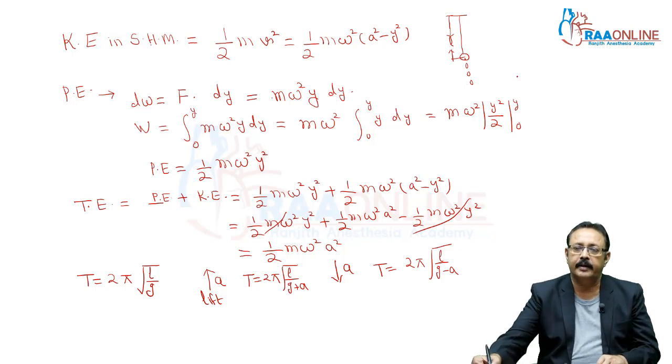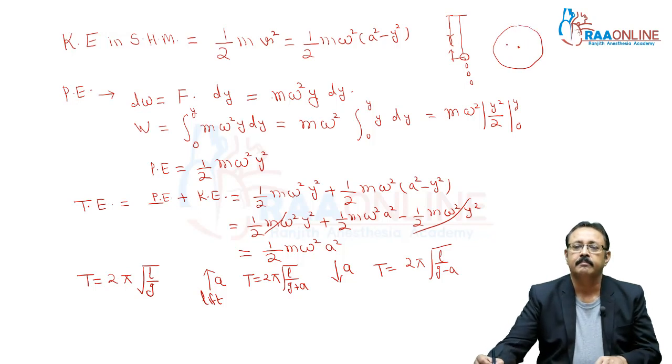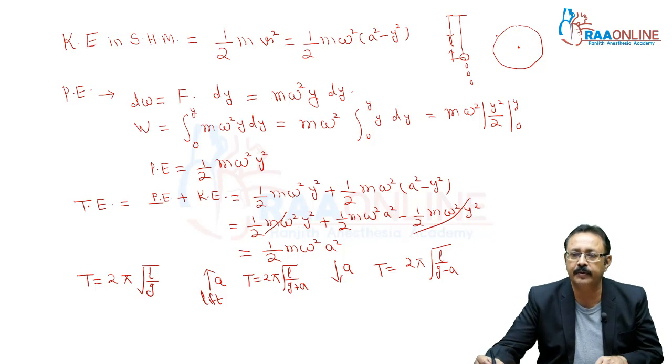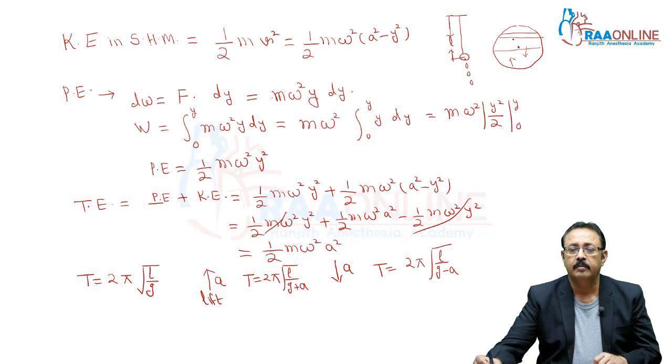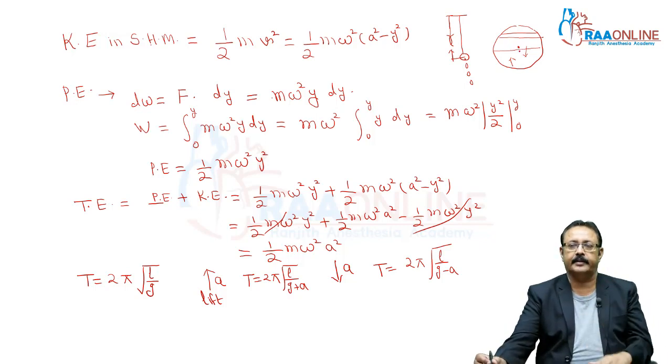What will happen initially when your bob was full of water, center of gravity was at center point. But when water is coming down, it will start moving in this direction. And when it is half, again it will start moving in upward direction, because when whole bob is empty, again it should be at its center.